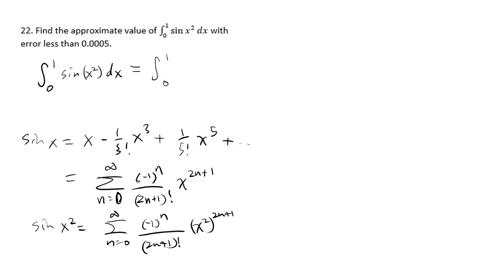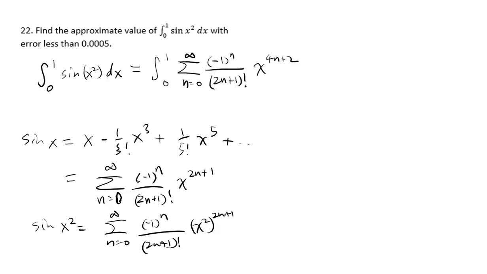Which would give you twice of 2n plus 1, so it's x to the 4n plus 2. So you get sigma of n equals 0 to infinity of negative 1 to the nth power over 2n plus 1 factorial times x to the 4n plus 2.